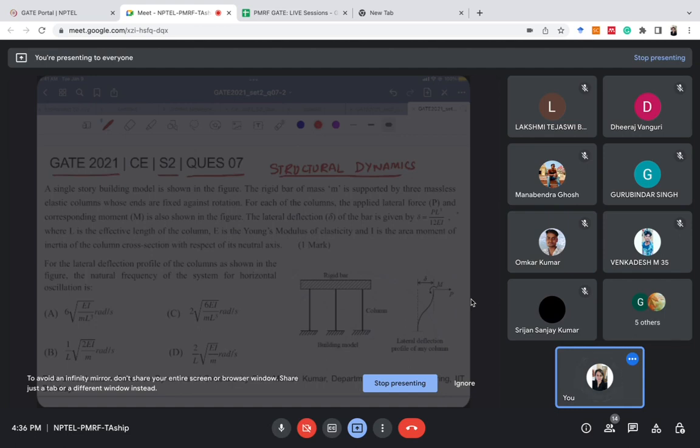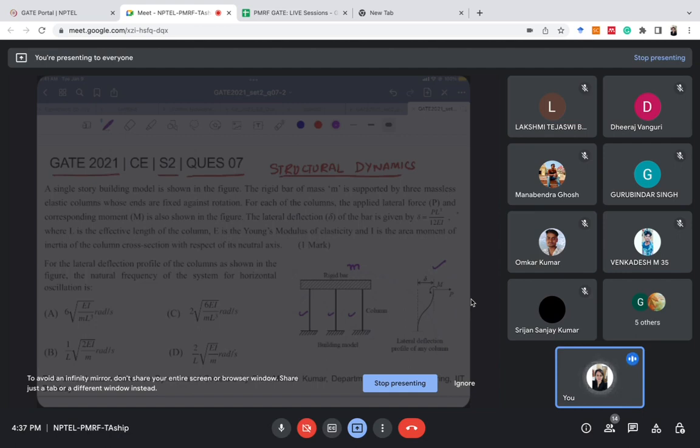Okay, so I'll start with the problem now. A single story building model is shown in the figure. The rigid bar of mass m is supported by three massless elastic columns which are fixed against rotation. For each of the columns, the applied lateral force P and the corresponding moment M is also shown in the figure.